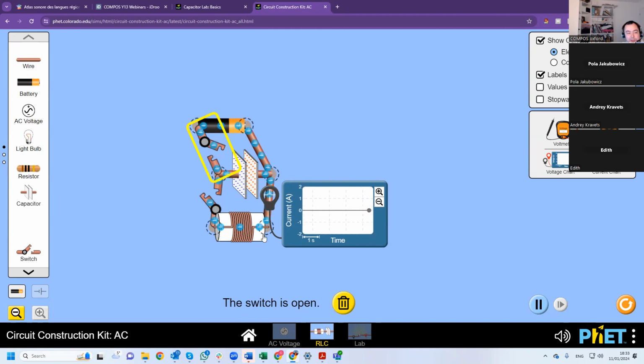So the capacitor will discharge through the inductor. The capacitor discharges through the inductor, but then because the inductor has stored magnetic energy, it pushes the current further to charge the capacitor in the opposite direction.